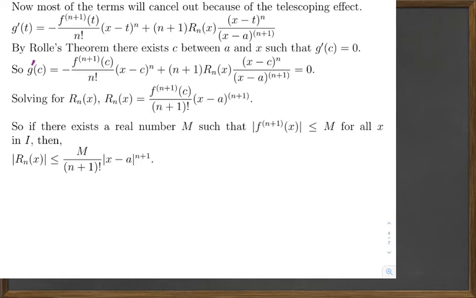And if we solve that for the remainder, that is going to give us the (n plus 1)th derivative evaluated at c over (n plus 1) factorial times (x minus a) to the n plus 1.